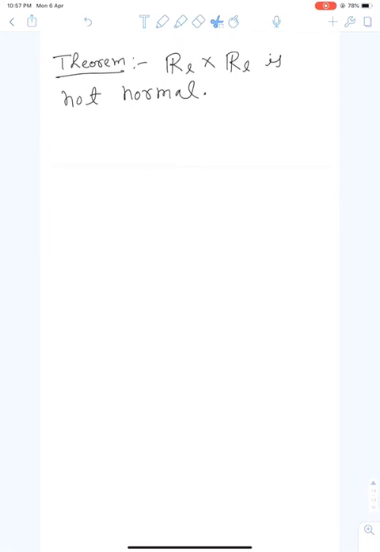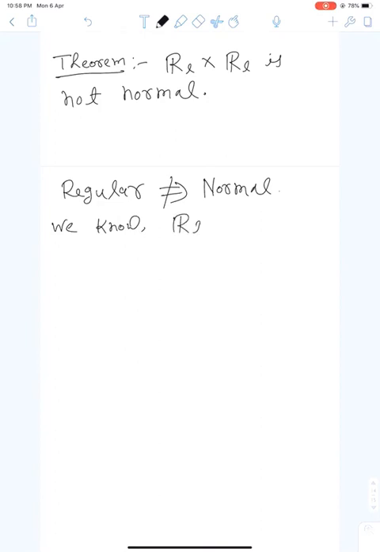The one purpose is regular does not imply normal. Why? Because we have seen that R_l is normal, right? That implies R_l is regular, right?